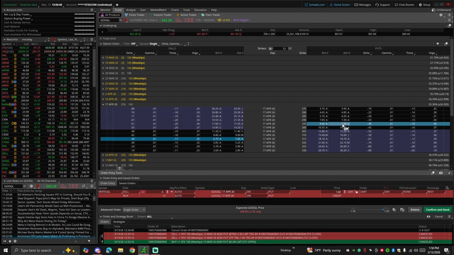If I don't think Google will go below 295, I will sell the 295 for basically $900, and I will buy the 290 for roughly $700, and my net credit will be whatever that difference is. It does it automatically, so I will earn $160 for this spread. I get my maximum amount of money out of the spread if Google stays at 295 or higher.